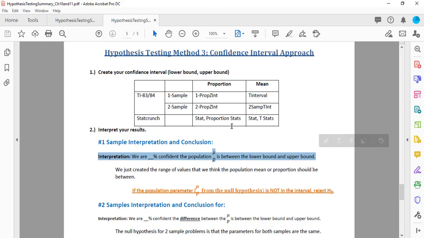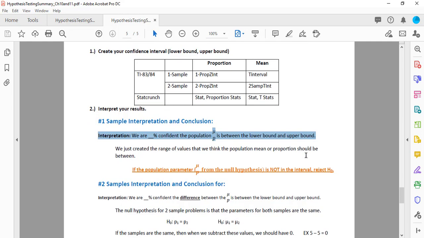So the way we interpret this for hypothesis testing is that if the population mean or proportion from the null hypothesis is not inside of that interval, that's when we're going to reject the null hypothesis. So your null hypothesis is your baseline value, what we assume to be true. If the interval that we create based on our sample doesn't say that that number is possible, then that's when we reject the null hypothesis.